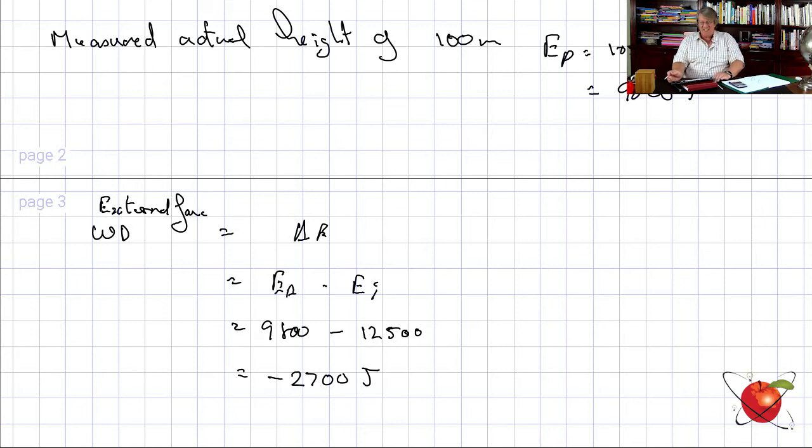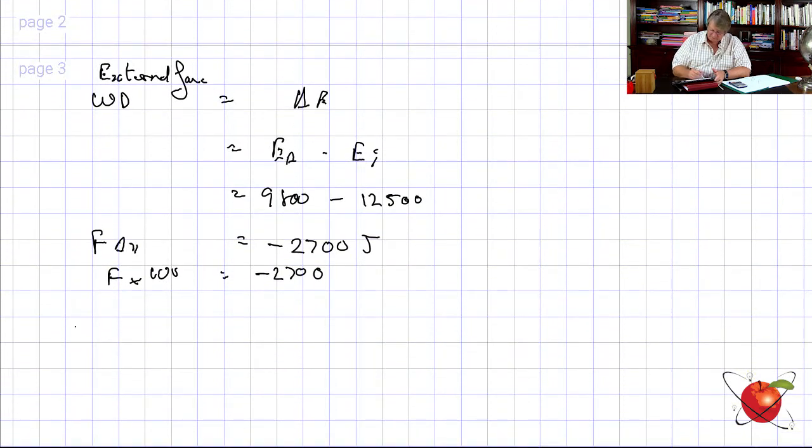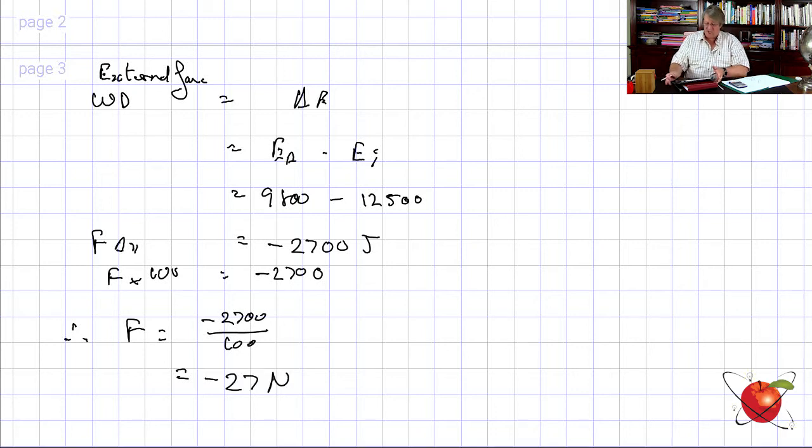That is the energy that we have lost, is it not? Therefore, what is the air resistance? You can say that energy is F delta X. Therefore, F times 100 is equal to minus 2,700, and the force is going to be minus 2,700 divided by 100, which is minus 27 newtons. Minus means it's acting in the opposite direction to the movement.